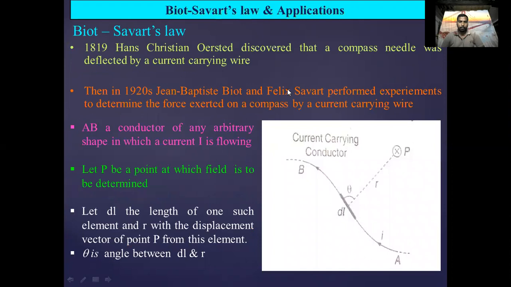In 1819, Hans Christian Ørsted discovered that a compass needle was deflected by a current carrying wire. Using this result, Jean Baptiste Biot and Felix Savart performed a series of experiments, separately from one another, to determine the force exerted on a compass by a current carrying wire.